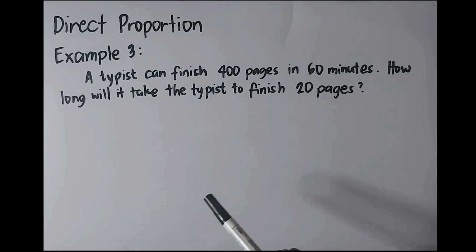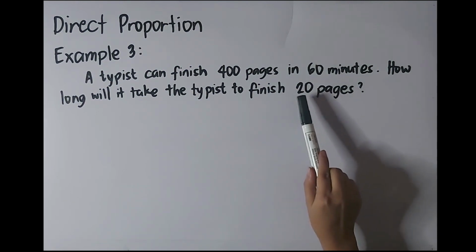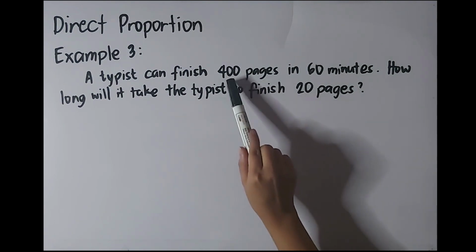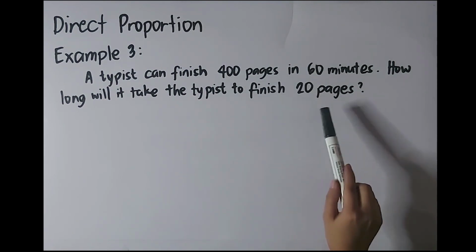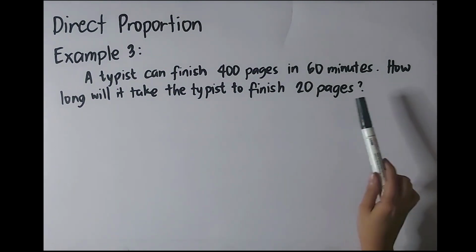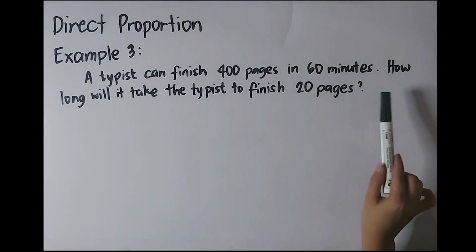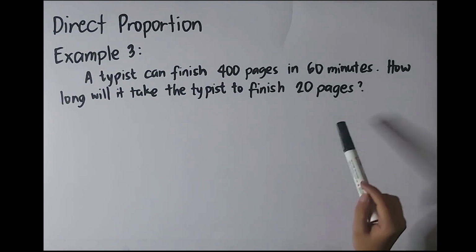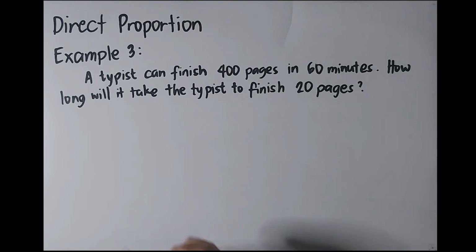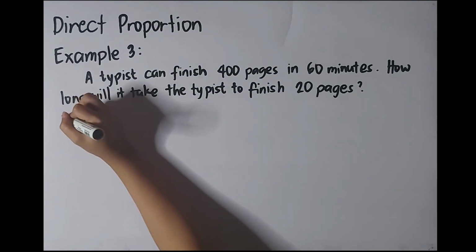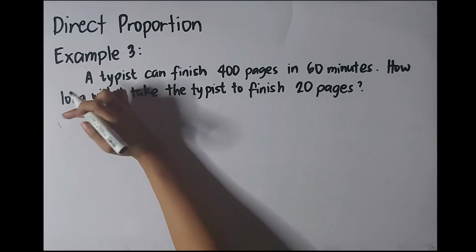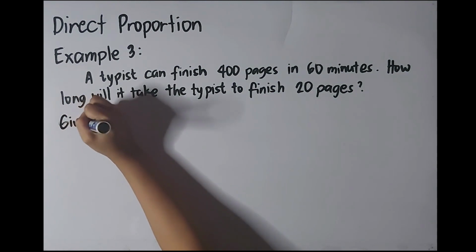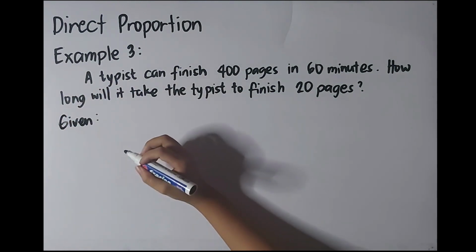Or if the required number of pages is lesser, it means that the time it will take can also be lessened. So now, let us compute this direct proportion problem. Let's first get our given. So what are our given here?